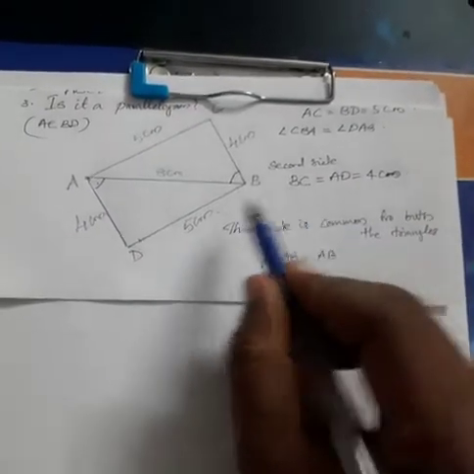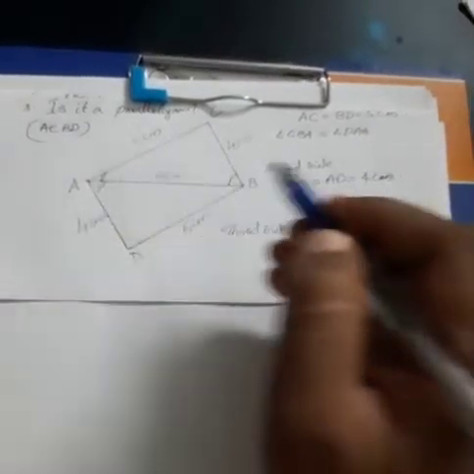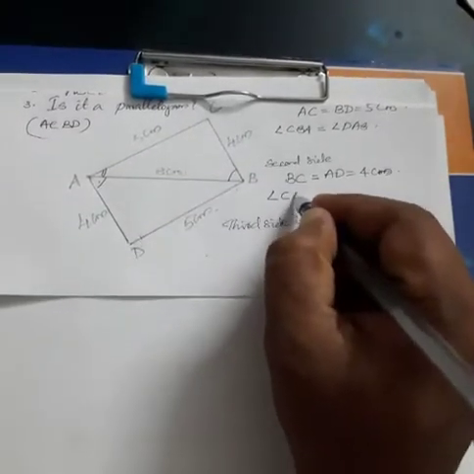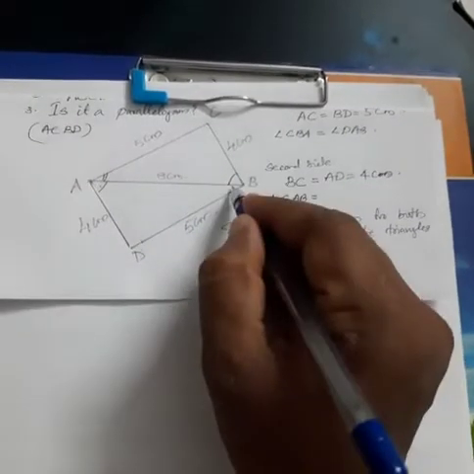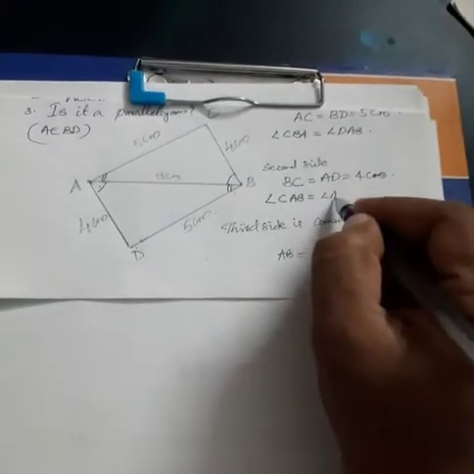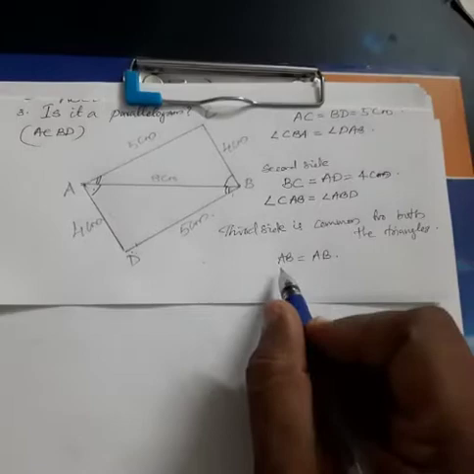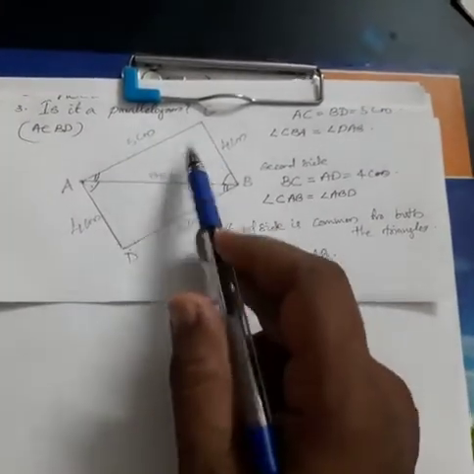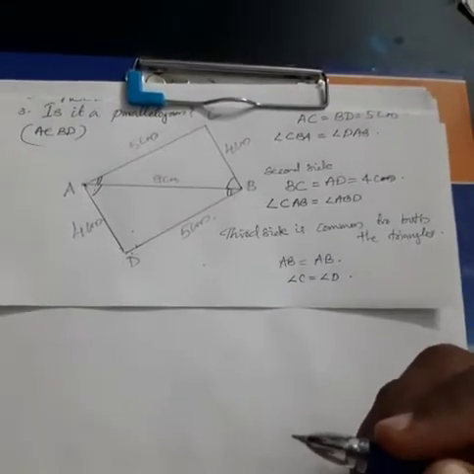Then the second side BC, opposite of BC is here, angle CAB is equal to the opposite of AD. This is the angle ABD. Then the third side is common, so both these angles are opposite. Angle C is equal to angle D.